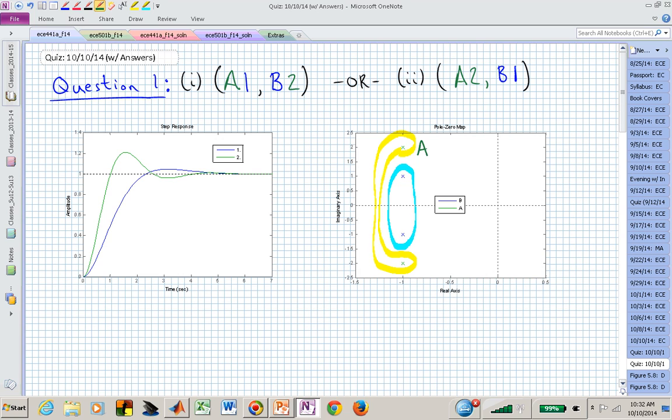Both sets of poles are the same distance into the left half plane, meaning they both have the same settling time. And if we go over to the diagram, they both seem to be settling at about the same location as far as our 2% settling time.